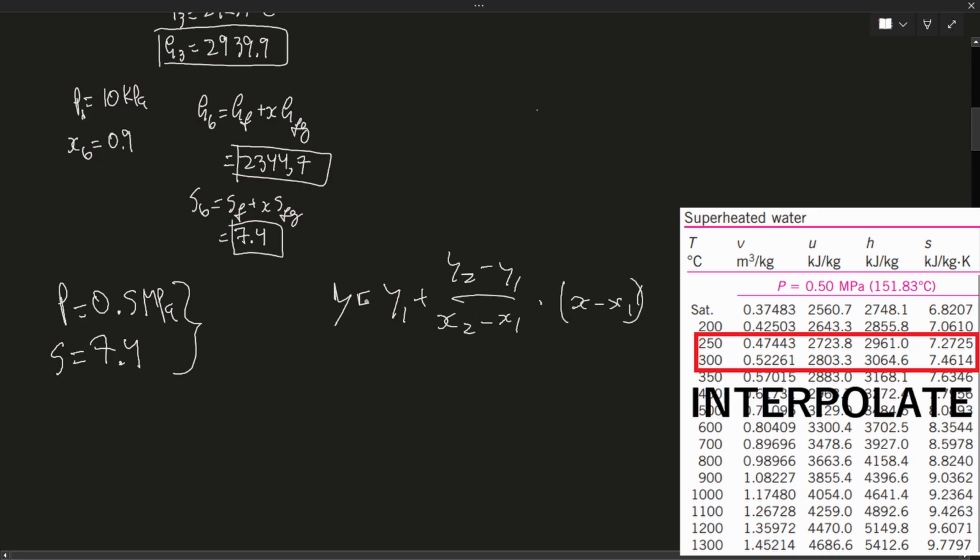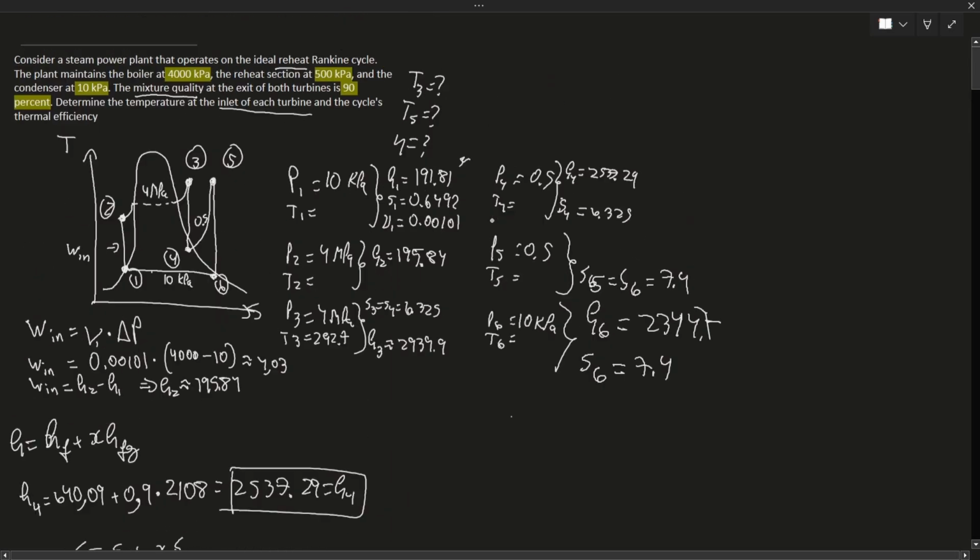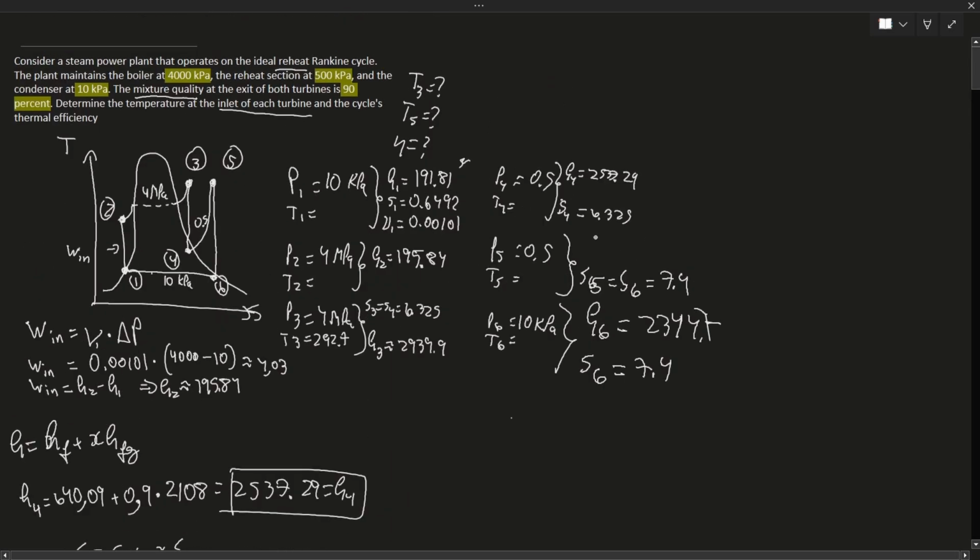You just follow this interpolation equation to find your H, and in this case, the temperature. Plugging in the numbers and interpolating, you should get these results for your fifth point. Finally, we're going to write that in our table. H5 is equal to 3030.93, and the temperature of 283.7.